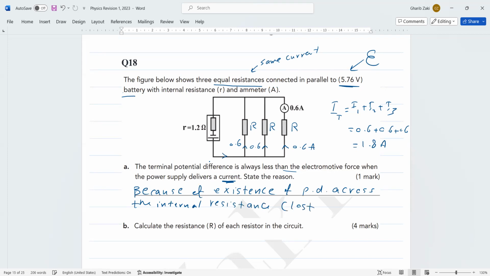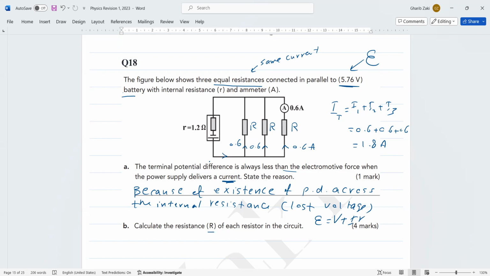Lost voltage. Okay, because of the lost voltage. Now, remember E equals V plus Ir. So because of the lost voltage, E not equals V, it will be less.